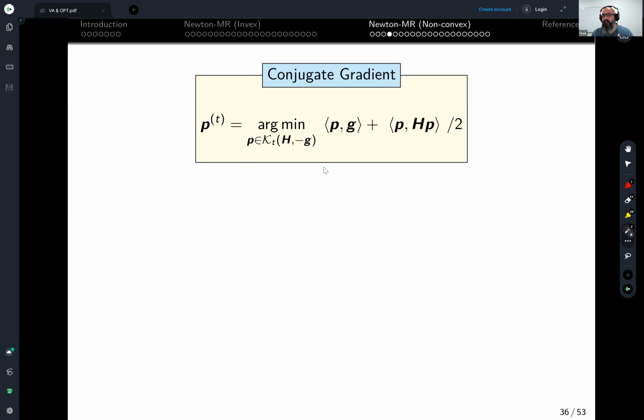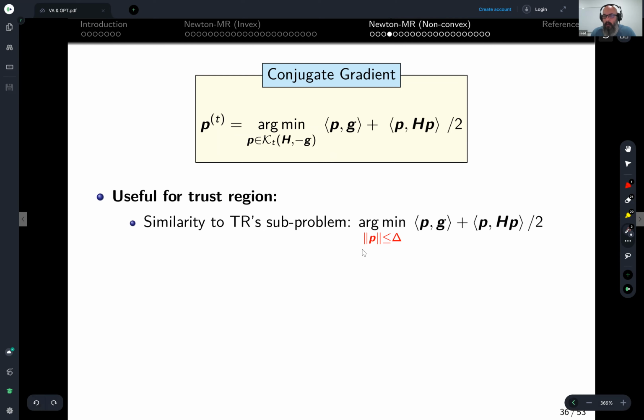Well, again, it boils down to looking at the subproblems of CG, which is this quadratic subject to this Krylov subspace. Now, why is that useful for trust region? It's because if you look at the subproblems of trust region, the objective is identical to the objective of CG.